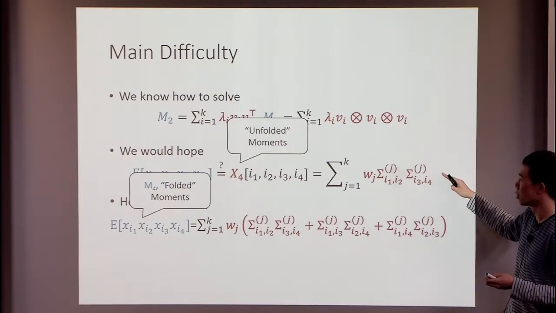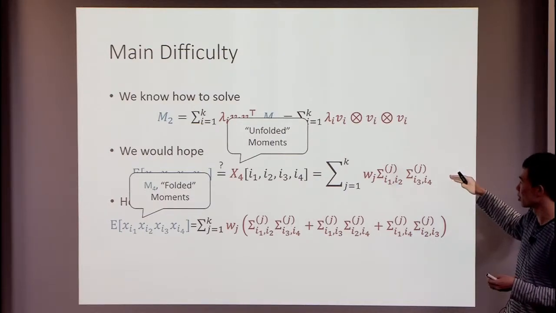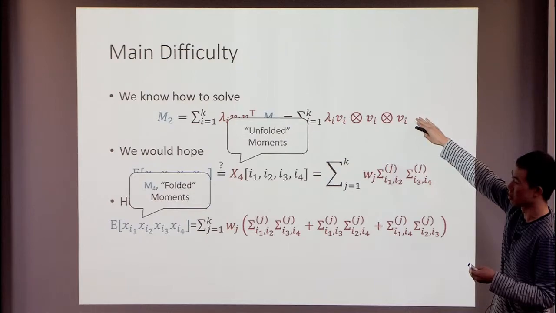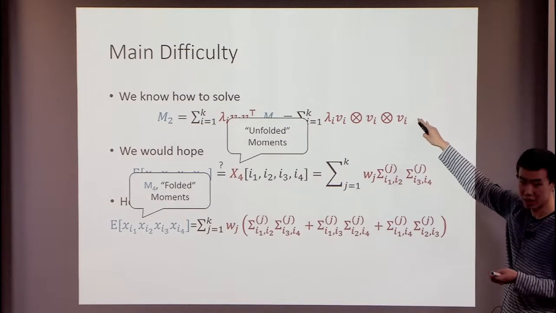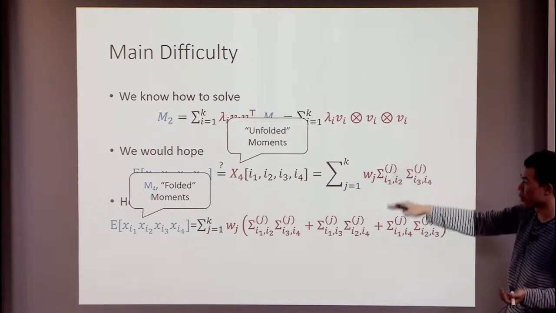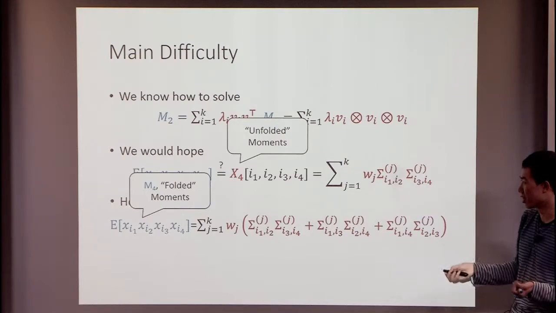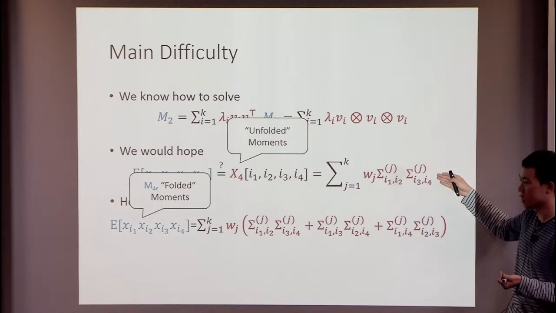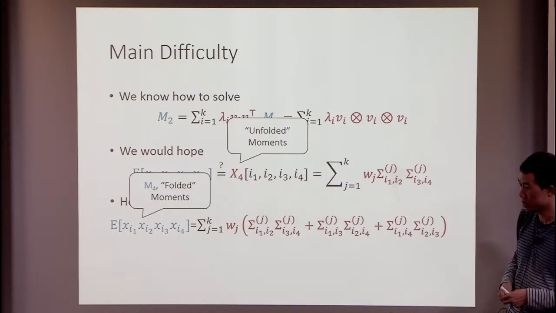If we have the first order unfolded moments up to the sixth order unfolded moments, then we can just apply this tensor decomposition algorithm directly, and we will be done. But unfortunately, what we observe are only these folded moments. So we need some way to get these unfolded moments only by observing the folded moments.